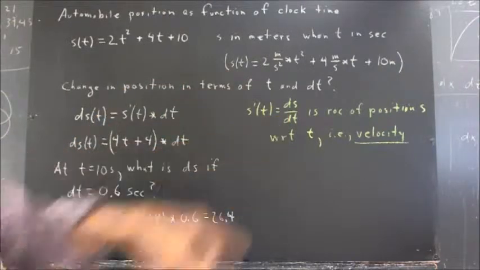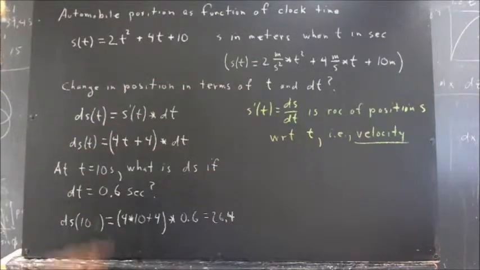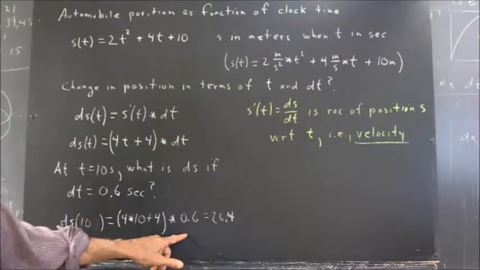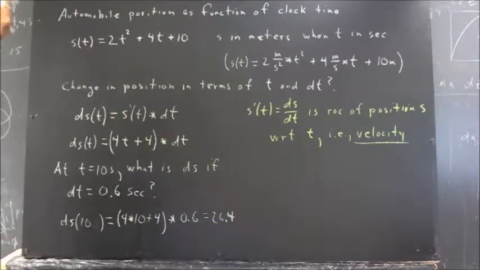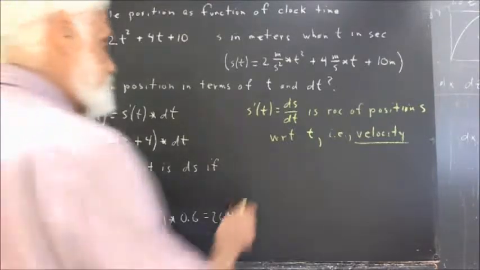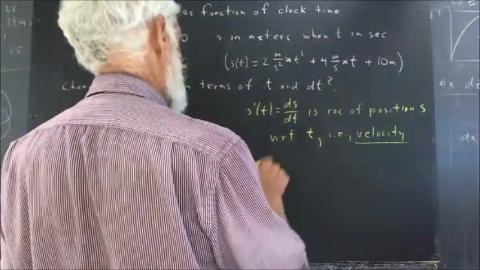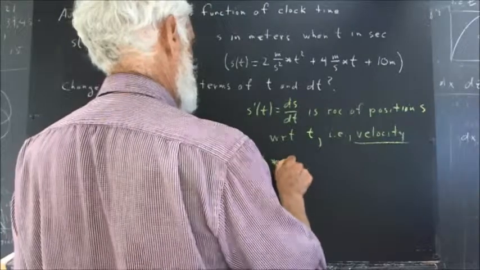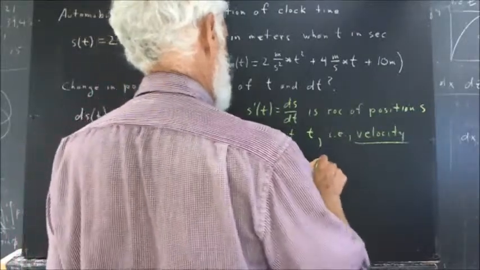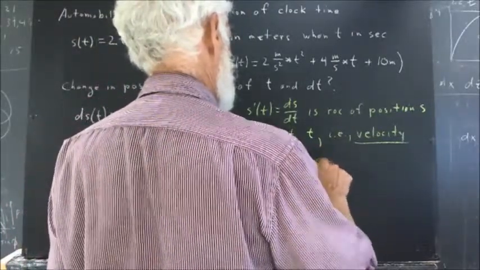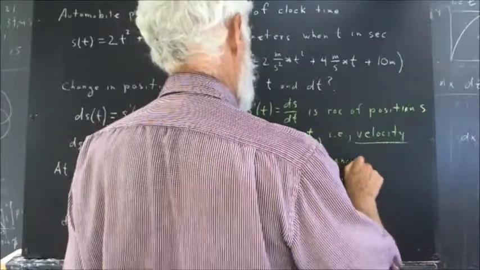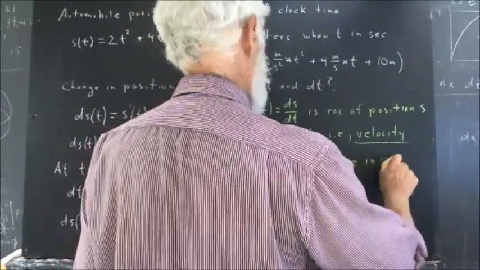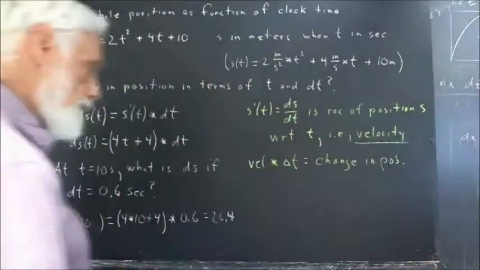So if that's the velocity, then if we multiply a velocity by a change in clock time, we're going to get the change in position. So we have change in position.